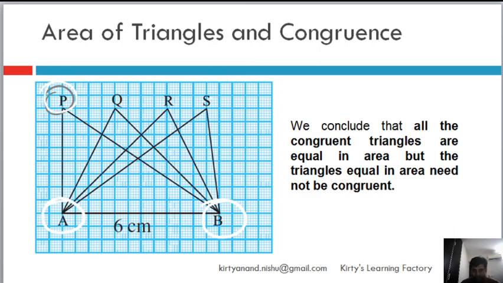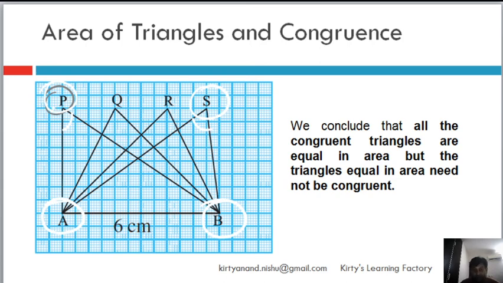And then look at the triangle SAB. These may or may not be congruent depending on this angle or this angle, right?